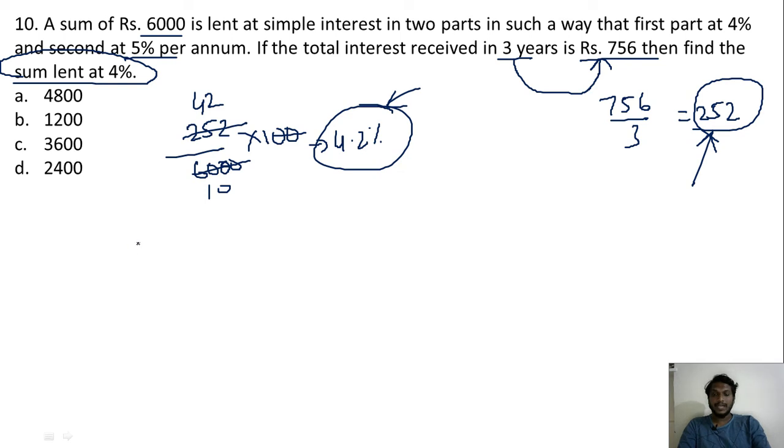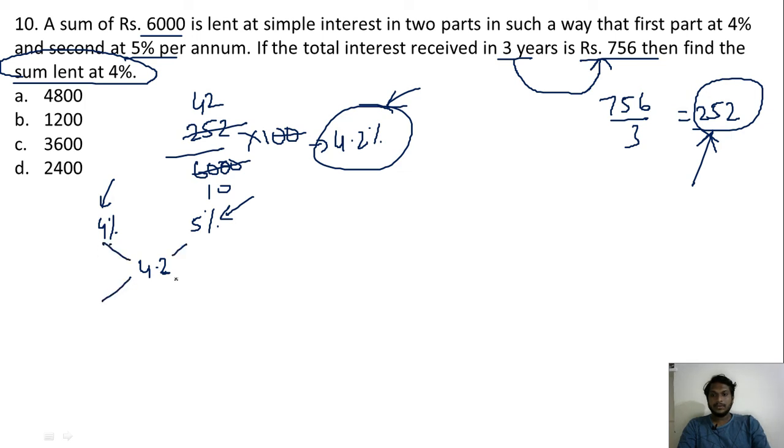Now we will apply the alligation method. Here it is 4% and 5%. You will be writing the smaller one on the left side and the greater one on the right side. In the middle you will be writing the combined interest for 1 year.